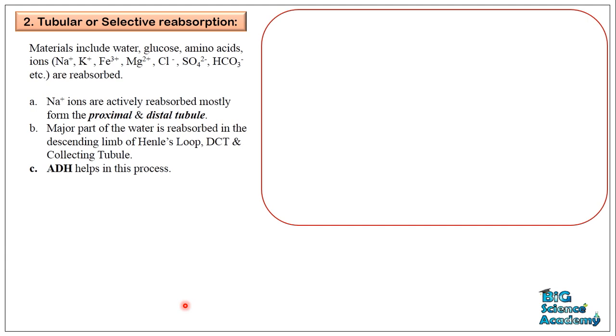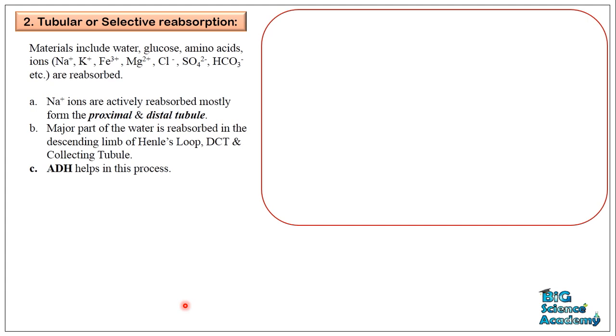Sodium ions are actively reabsorbed mostly from the proximal and distal tubule. If a larger amount of sodium ions is present in the glomerular filtrate, reabsorption occurs. When a smaller amount of sodium ions is present, more fluid is reabsorbed from the tubule so as to maintain the sodium and the fluid level in its normal condition.